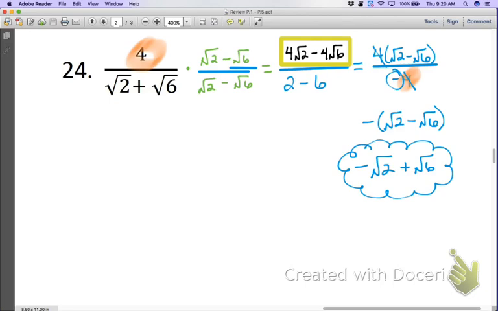Or I'll even have some students that would have written -4 on each one and had -4 times the square root of 6 over -4, and it's still going to work out because the 4s will cancel here, 2 negatives make a positive, and they cancel there, and I'm still going to get the same answer.